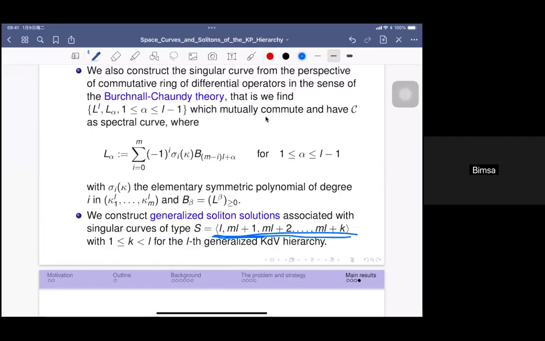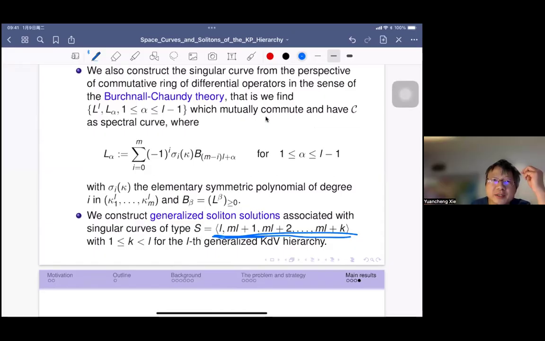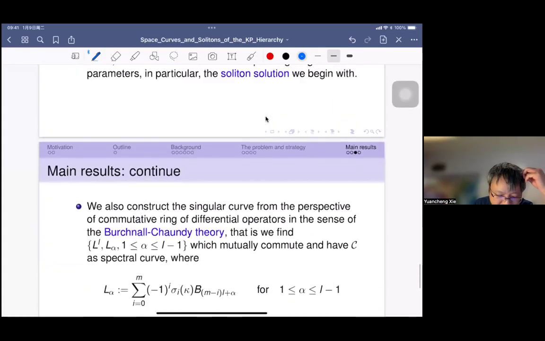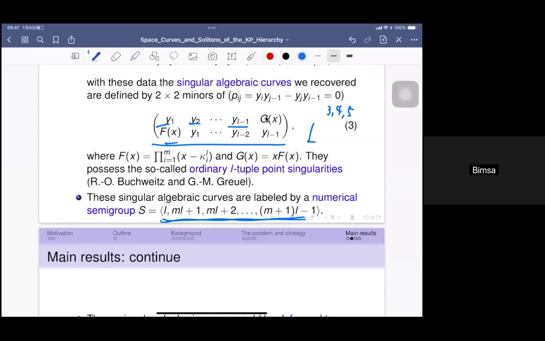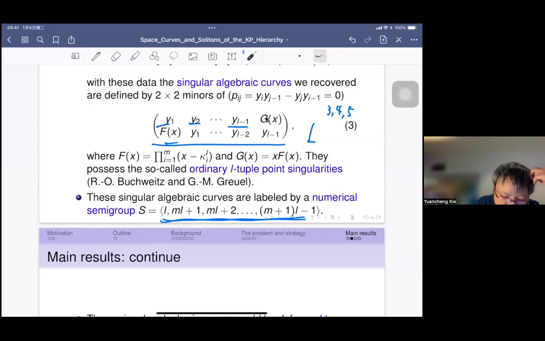So do you have a deformation only for hyperelliptic? No, we have it for more general types, for all that type. Actually, this deformation is quite simple. For a singular curve, we have g of x is nothing but x times f of x. For example, if we have two by two blocks, this is just y squared equals g, and g is x times f, and that's nothing but a hyperelliptic curve.